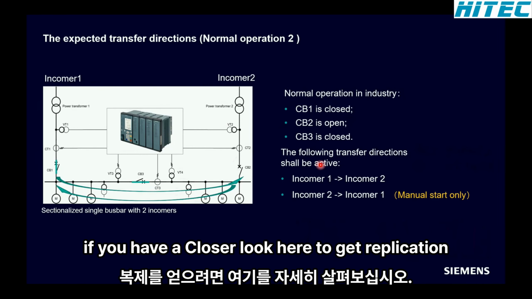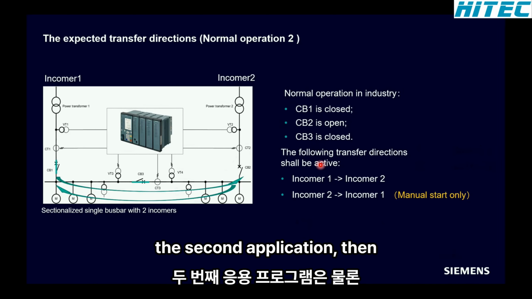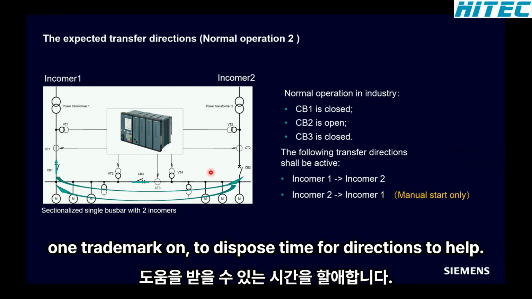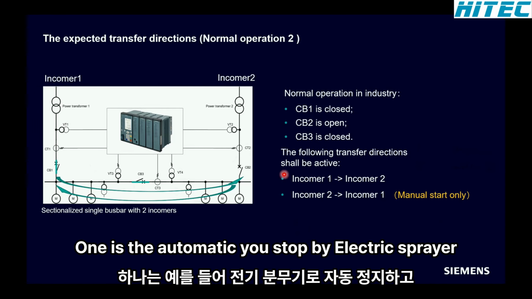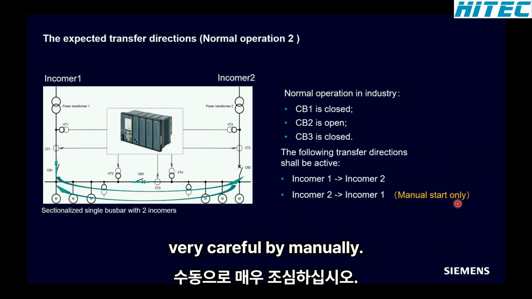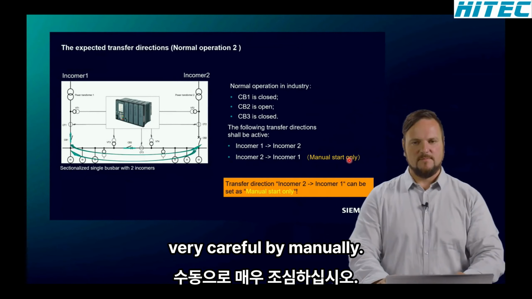If we have a closer look at the second application, then of course the tie CB is closed. We want to switch from incomer 1 to incomer 2. For these two transfer directions, the first one is started automatically, caused by an electric failure, for example, and for the switch back after recovering, we can force it manually.